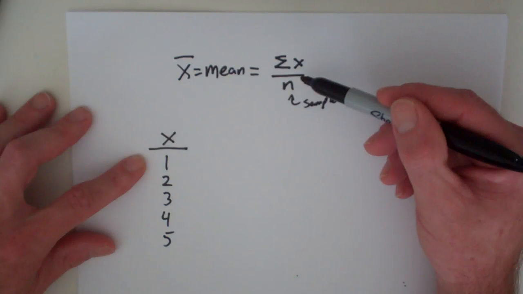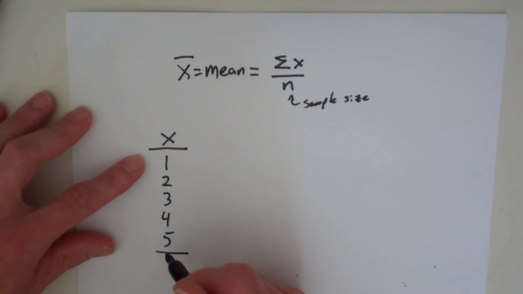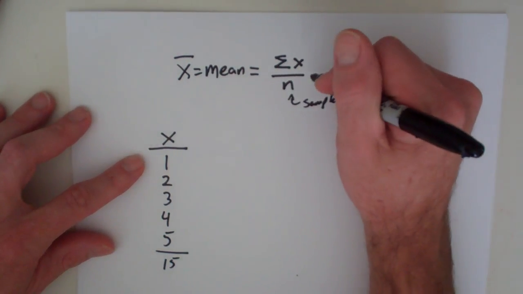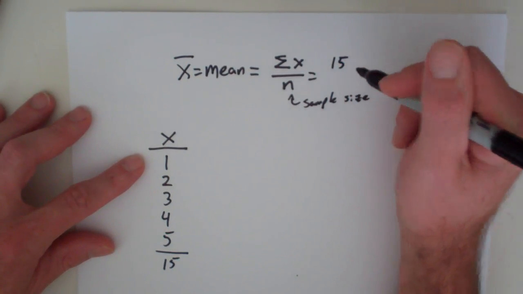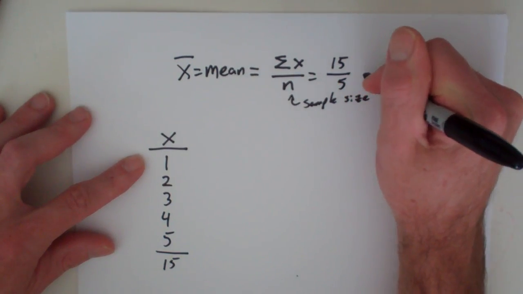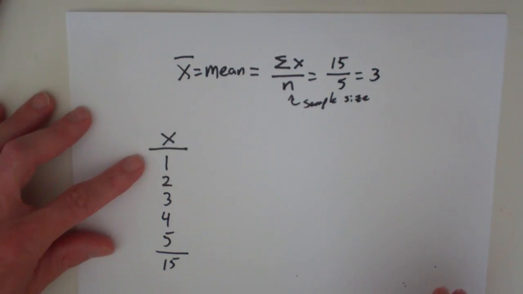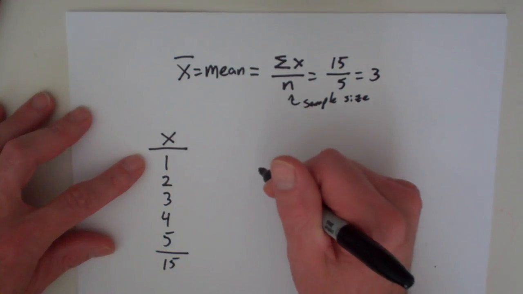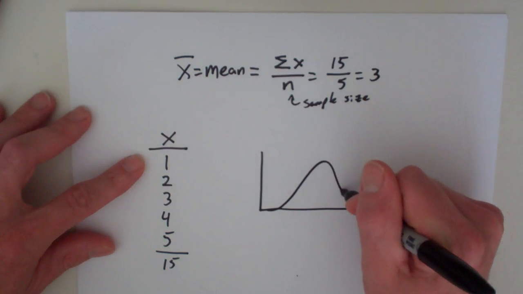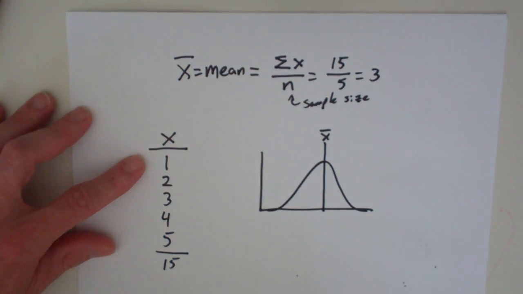Now we can calculate the mean by summing these 5 data points, which add up to 15. And then here we can take that 15, divide by the number of samples, or the sample size, 5, and our mean is 3. Okay, so that describes where the distribution is centered.